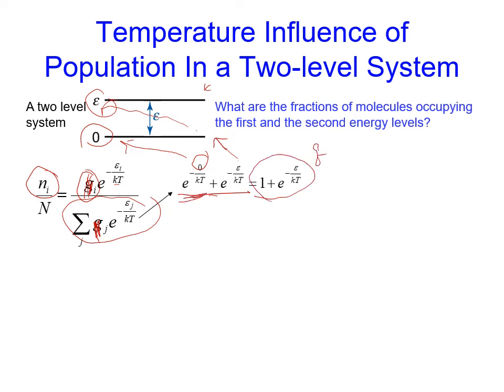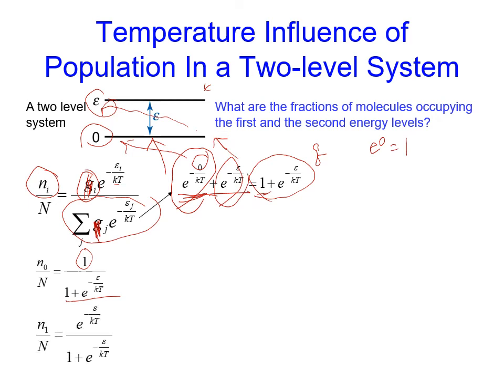The first term is 1 because e to the 0 power is 1. Now let's calculate the fraction of molecules on the first energy level, which should be this part divided by the partition function. That's 1 divided by the partition function. And then this one divided by the partition function gives you the second energy level.